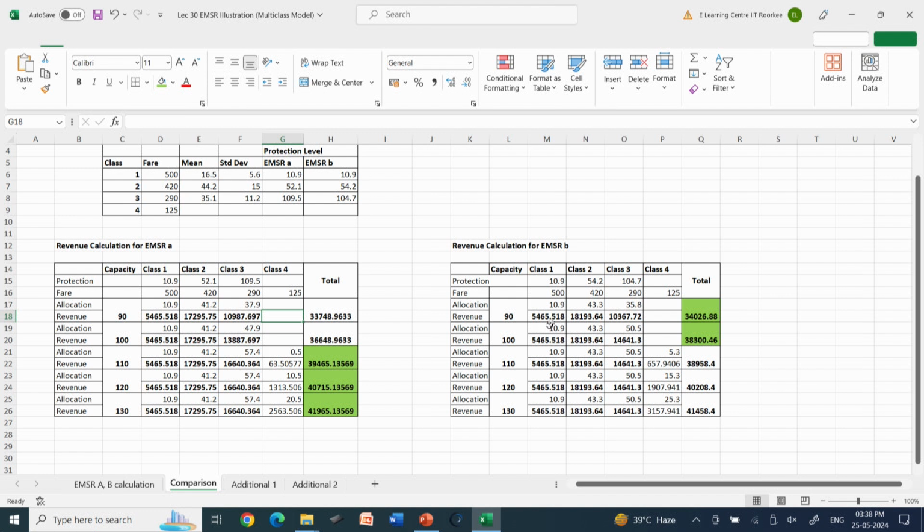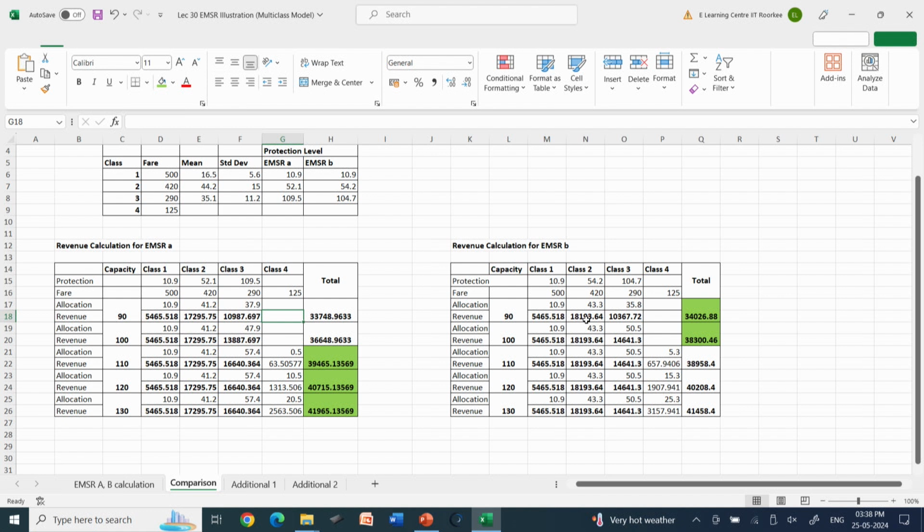Now, the same calculation we have repeated for the right hand side of this sheet, where we see that if we have a 90 seats capacity, out of that 10.9 will be protected for class 1, 43.3 will be protected for class 2 only, and only 35.8 seats will be available for class 3.